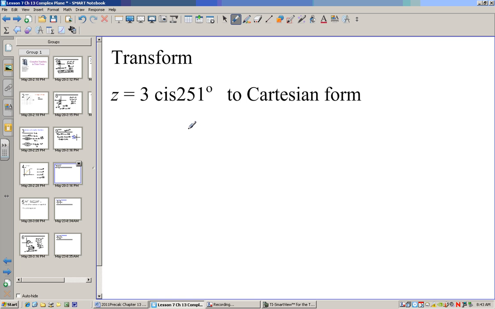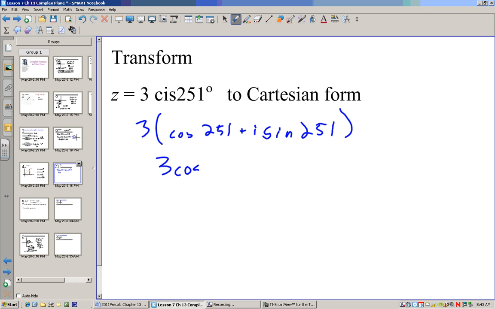Try this one on your own. 3 cosine 251 plus i sine 251. First thing we do is expand it. Now we multiply over the parentheses.